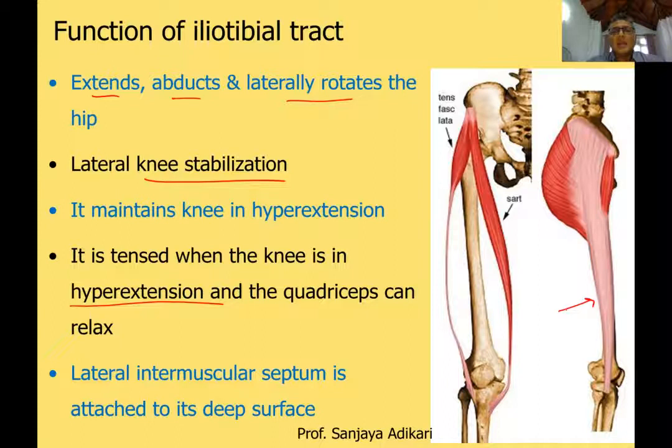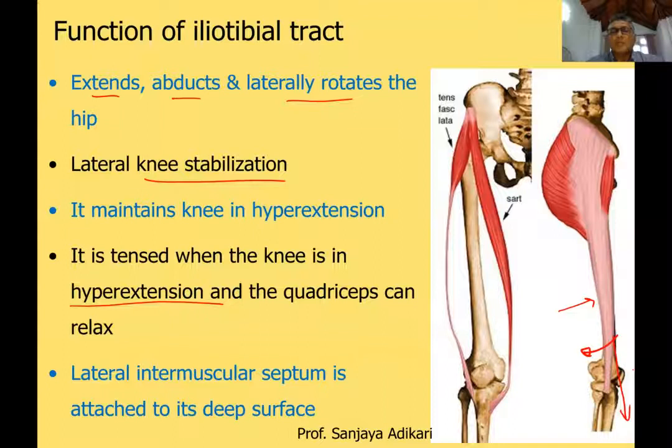It's tensed, and it helps to keep, because the moment you hyperextend, the center of gravity passes behind the attachment of the iliotibial tract. So therefore, not behind, sorry, passes in front. Okay, when you hyperextend the knee, the center of gravity passes in front of the distal attachment of the iliotibial tract, and it keeps the knee in that hyperextended position.